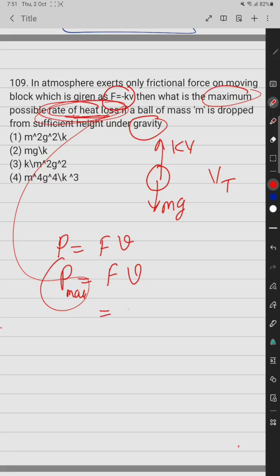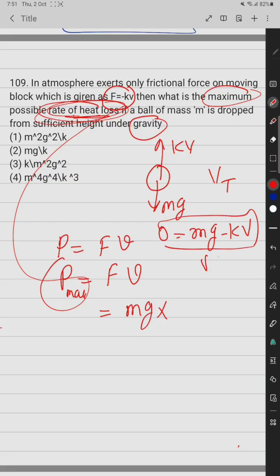Then the force, we know the force is equal to mg, and the terminal velocity: when mg minus kv, the net force on the body, equals 0, then the terminal velocity is equal to mg by k.